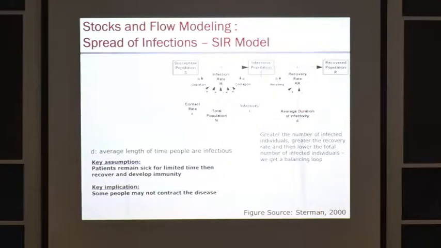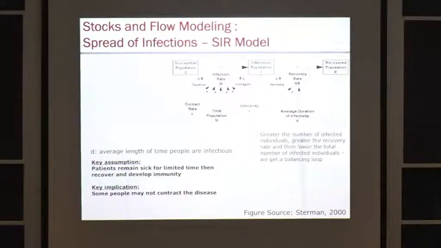In this, the ideas are pretty much the same, but we add one additional feature, which is average duration of infectivity. Basically, this is a measure of how long a person stays sick before they recover and enter the recovered stock. How long do you keep your Galaxy 7 before you move on to another phone?